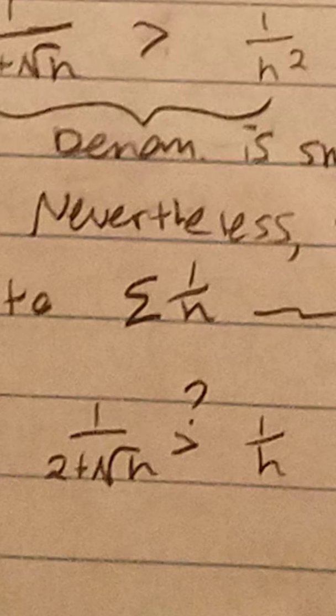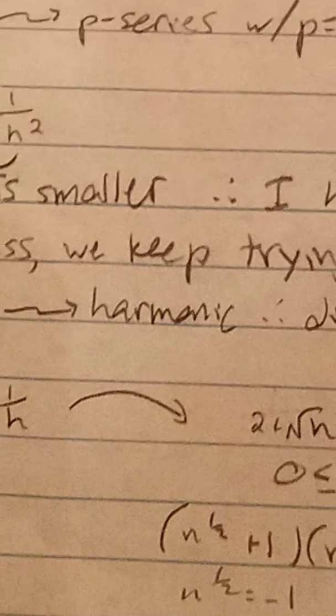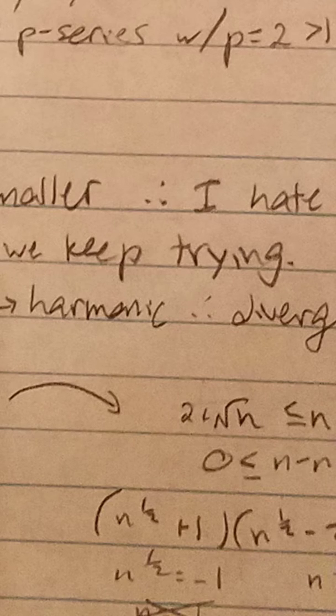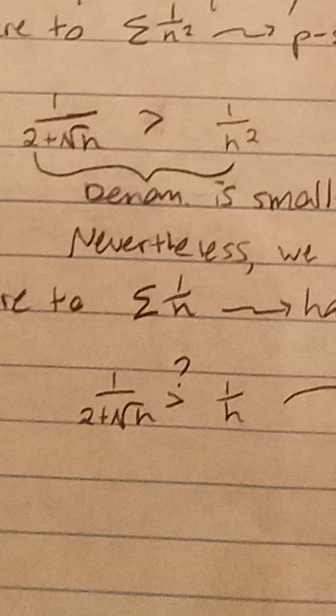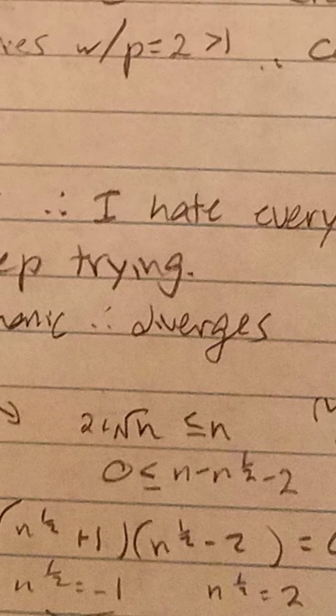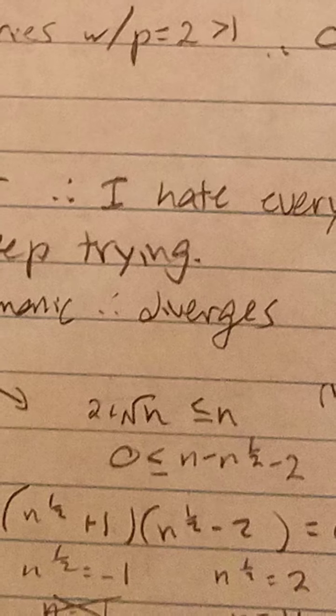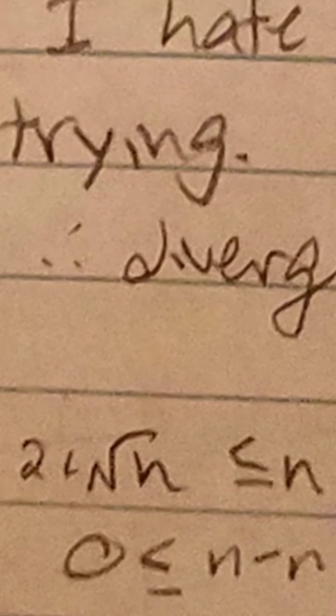So let's find out. What would make that the case? It would be the case if 2 plus square root of n was less than or equal to n. Well, why? Because if the denominator is smaller, the fraction is bigger. We've talked about that several times. I hope you grasp that concept by now. So, you get 2 plus square root of n is less than or equal to n.